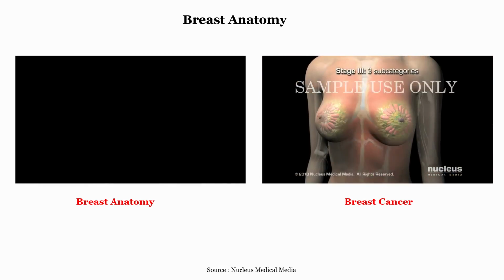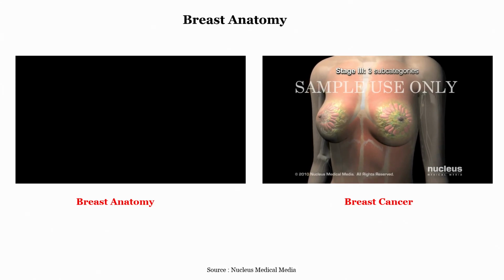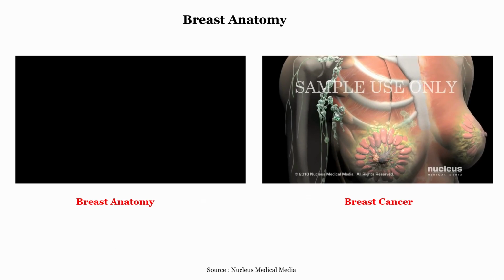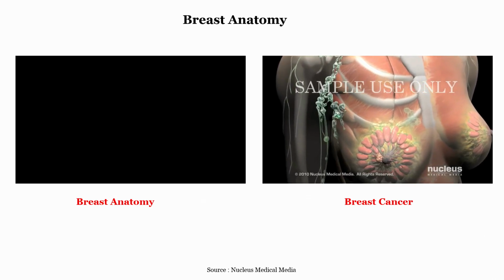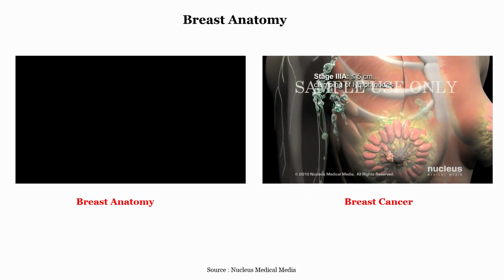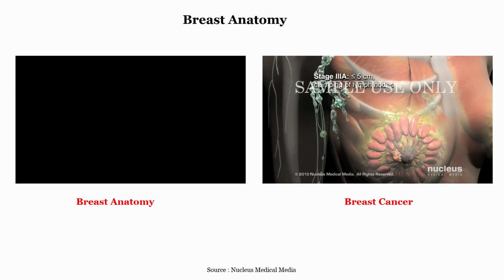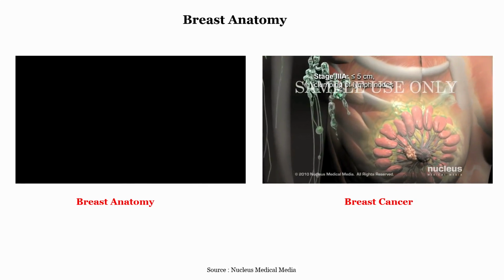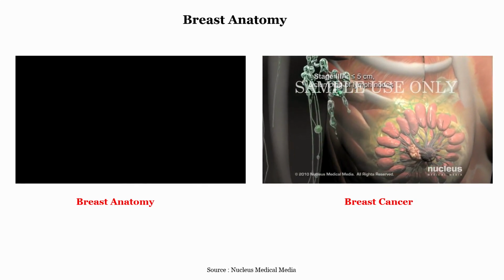Stage 3 is considered a locally advanced cancer, and it is also divided into subcategories of 3A, 3B, and 3C. There are 2 main scenarios that can occur with stage 3A breast cancer. One, where the tumor is no larger than 5 centimeters in diameter, but it has spread to underarm lymph nodes that are growing into each other, forming clumps.